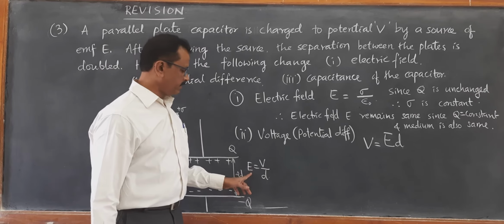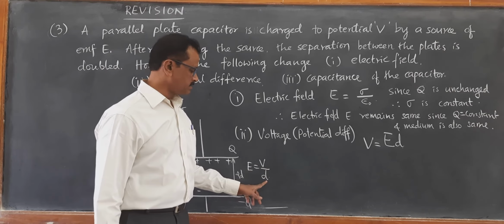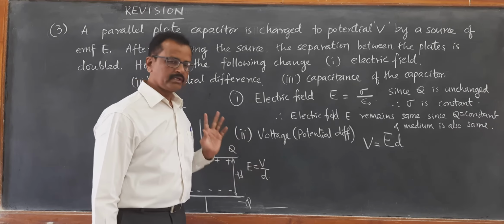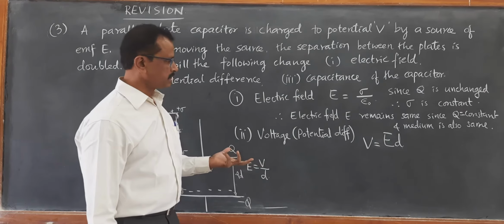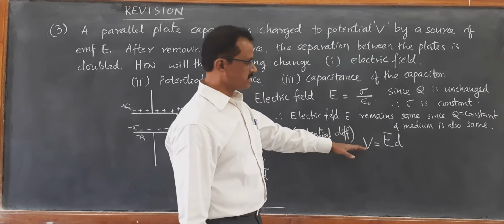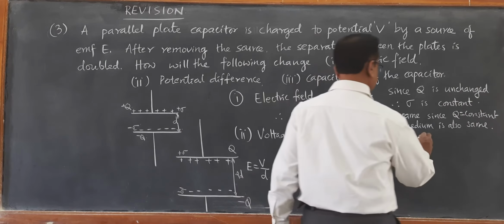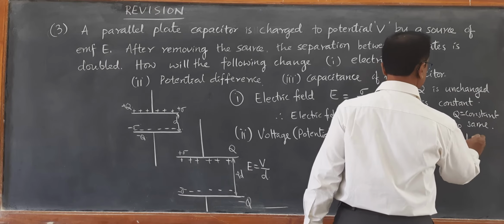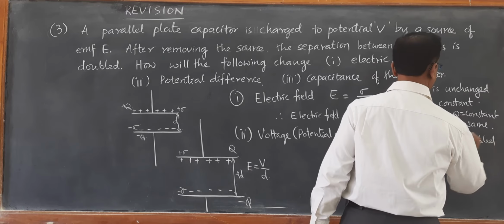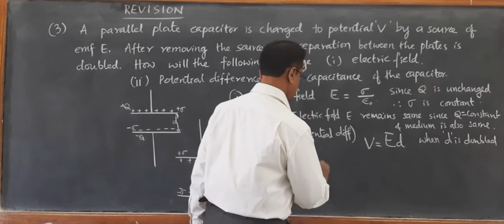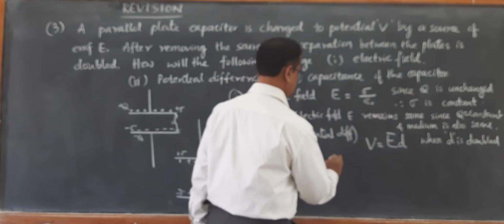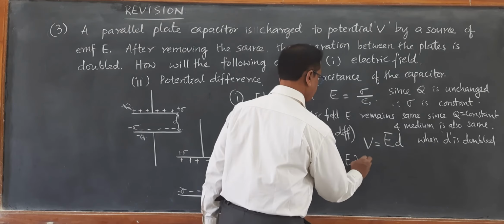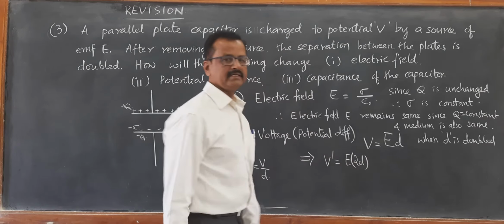So E remains constant as d is doubled, so potential difference should also double. You can see from this equation, when d is doubled, that implies V dash becomes E into 2d, because the electric field is constant.